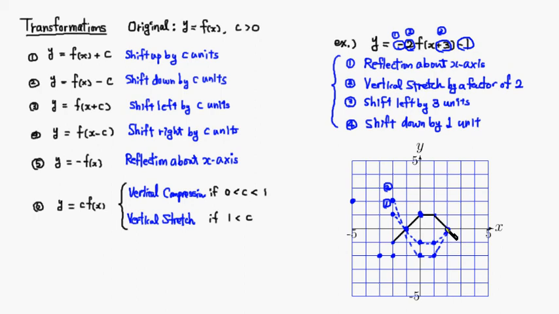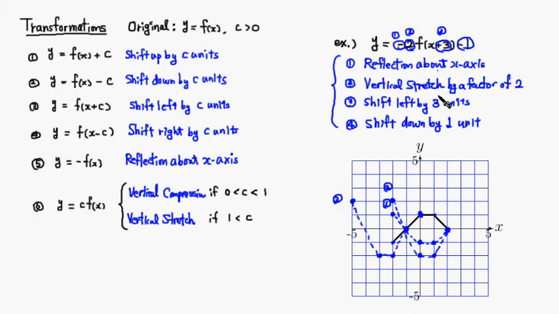This is going to get shifted 1, 2, 3. So it's going to be over here. So after the third transformation, you're going to get a graph which looks like this. So that's after the third transformation.